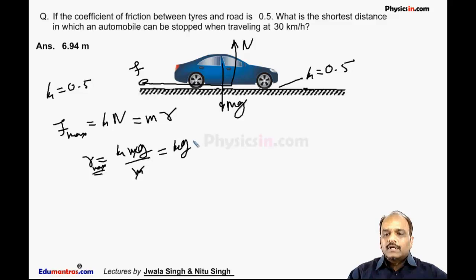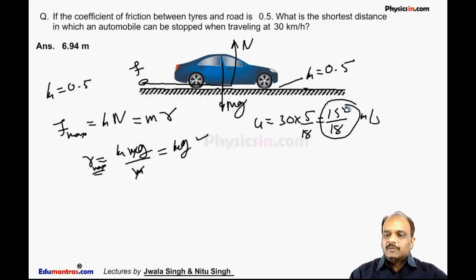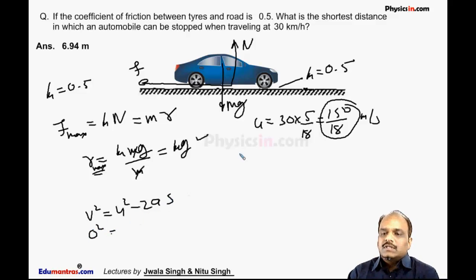So we know the initial speed is 30 into 5 by 18, so it is 150 by 18 meter per second. So this is the initial speed of the particle. So we can say V square is equal to U square minus 2as. The final speed is 0, the initial speed is this, so S comes out to be U square by 2a.